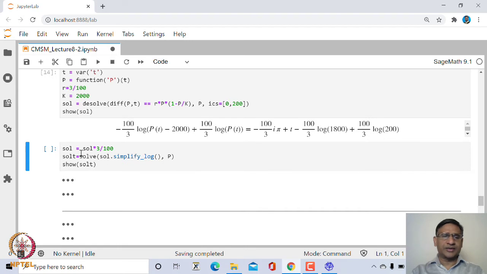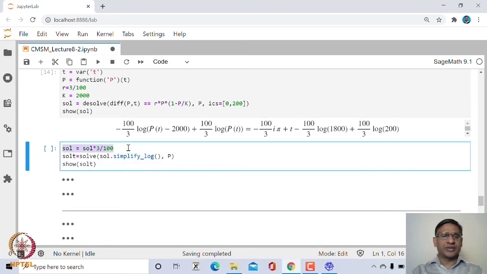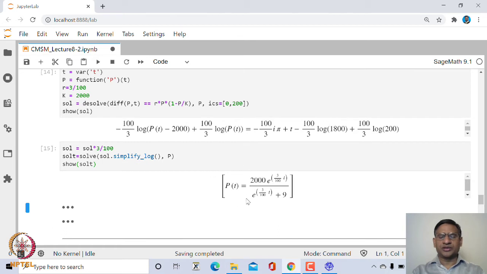Let us use that. First we multiply everything by 3 by 100 and then solve this simplified version of the solution, which is in the form of an equation for p. So, this is what you get. This is the population at time t. This is an exponential function of 3 by 100 t, right.